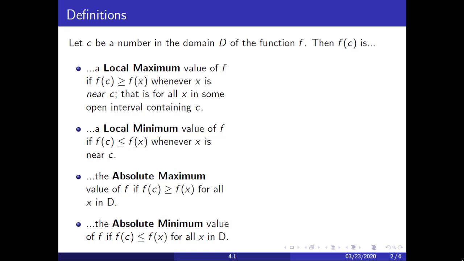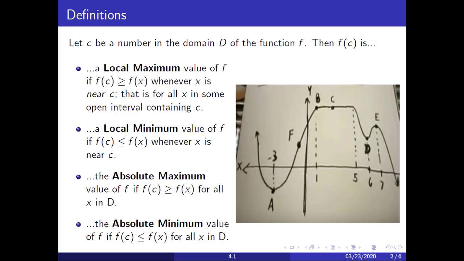So the absolute maximum value is just the greatest, or you might think of it as the highest value attained by the function, and the absolute minimum value is going to be the smallest or the lowest value. So again, we see that in Patrick JMT's graph, there is no absolute extrema.